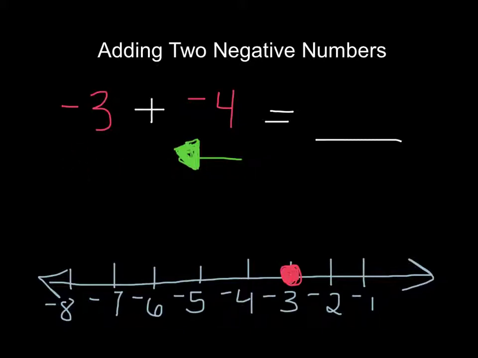So from -3, I will move 4 units to the left. So 1, 2, 3, 4. I land on the number -7. So this tells me that -3 plus -4 is equal to -7.